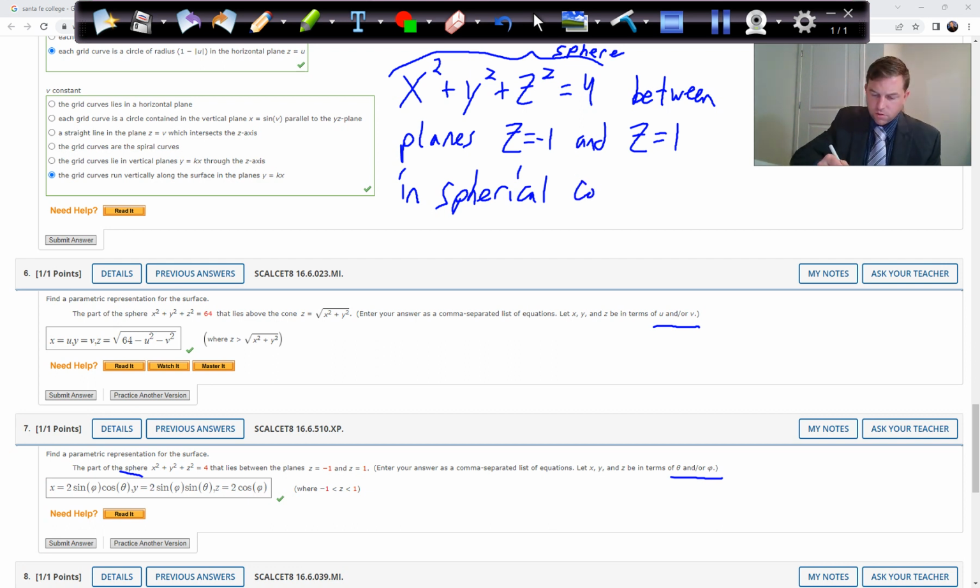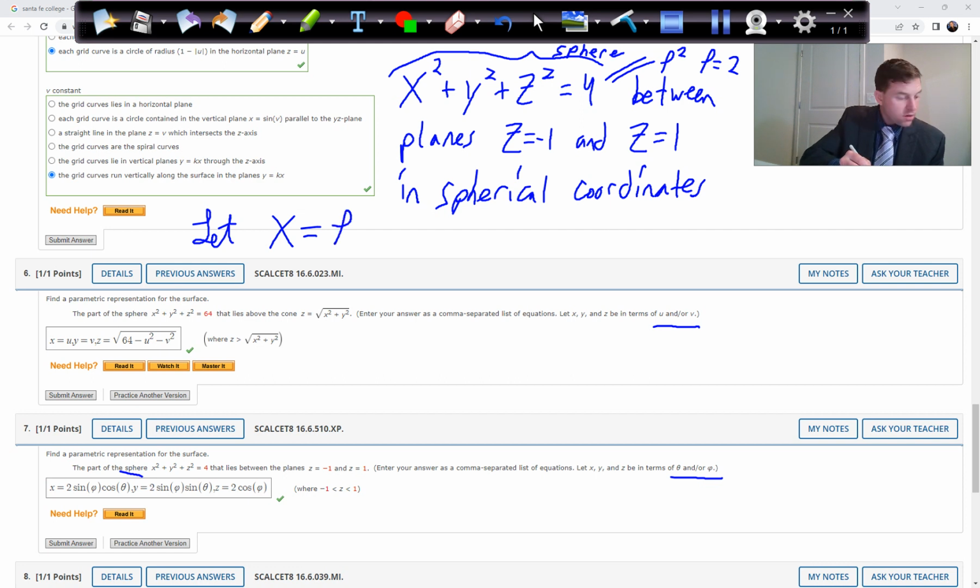So in spherical coordinates, we're going to let the radius of the sphere be, well, this is equal to rho squared, the radius of the sphere, so rho equals 2. So normally x would equal rho sine phi cosine theta.